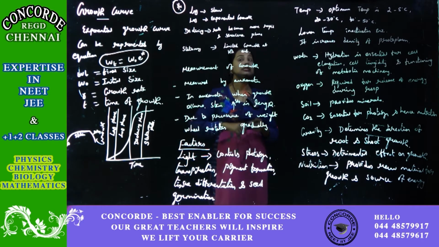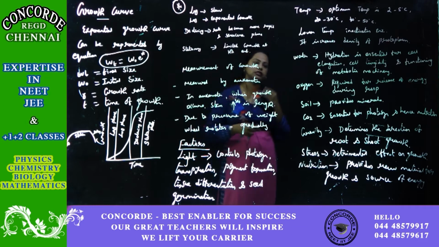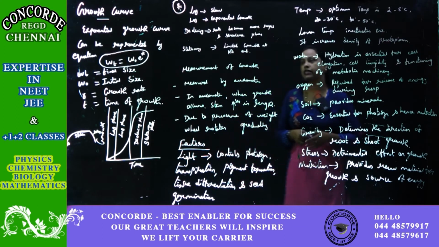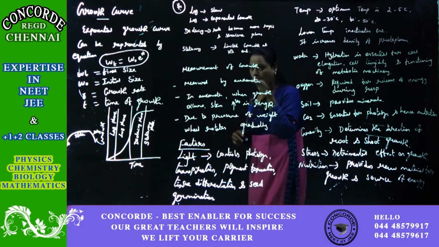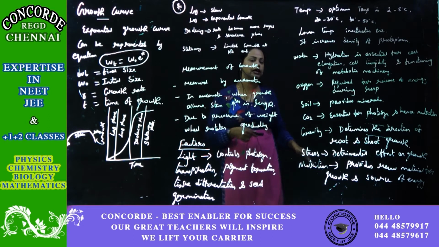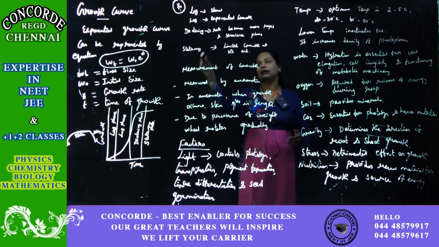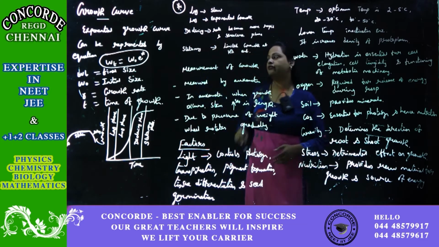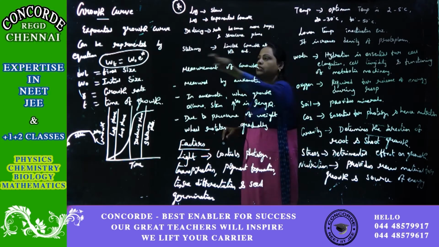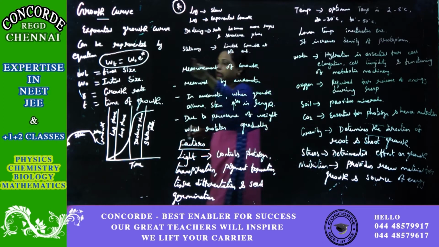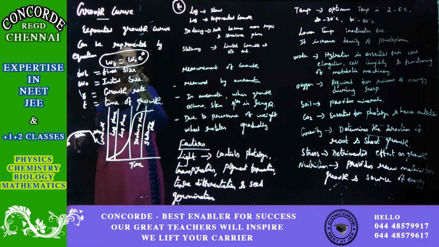Lag phase is adaptation phase, log phase is exponential phase, stationary is equal phase, and in the phase of decline, the declining of the nutrient medium leads to reduced growth. That is what we call the declining phase. From the exam point of view, this part is very important. Apart from that, this equation is also significant.